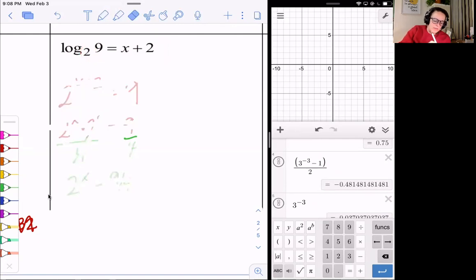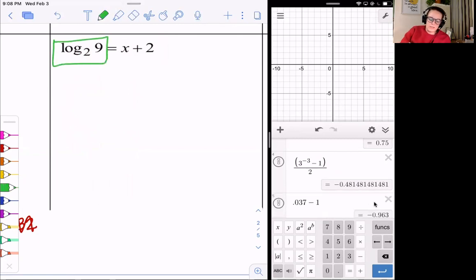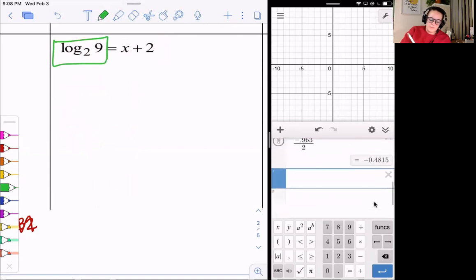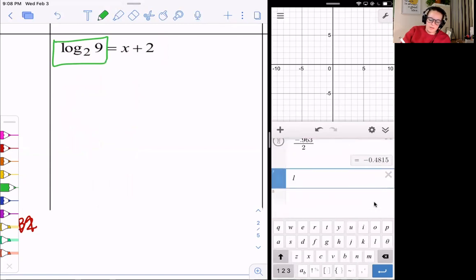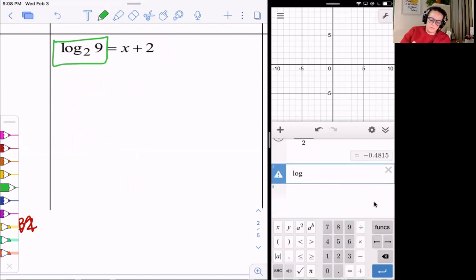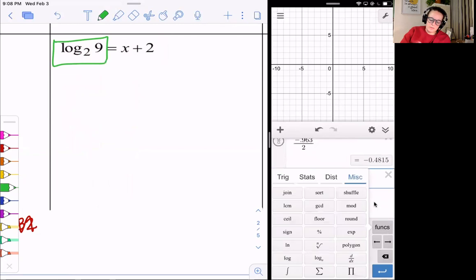I'm going to say, okay, what do I know here? I do know that I can do this in my calculator. So I can go here and say log base 2. Let me go ahead and use my functions.